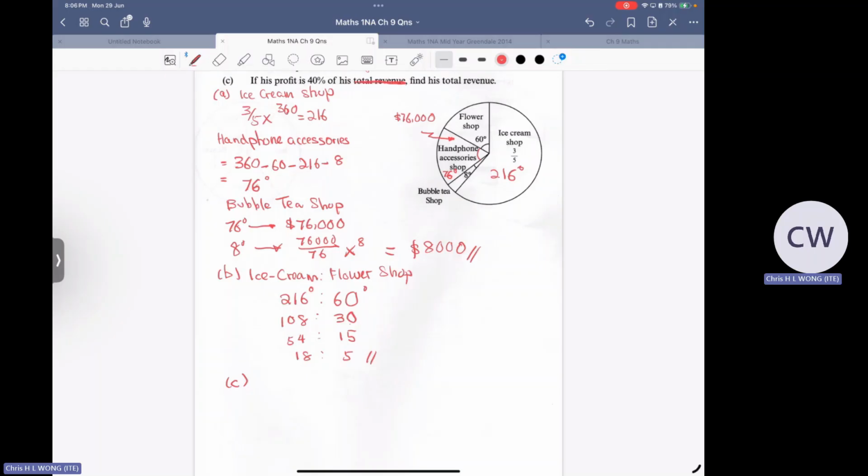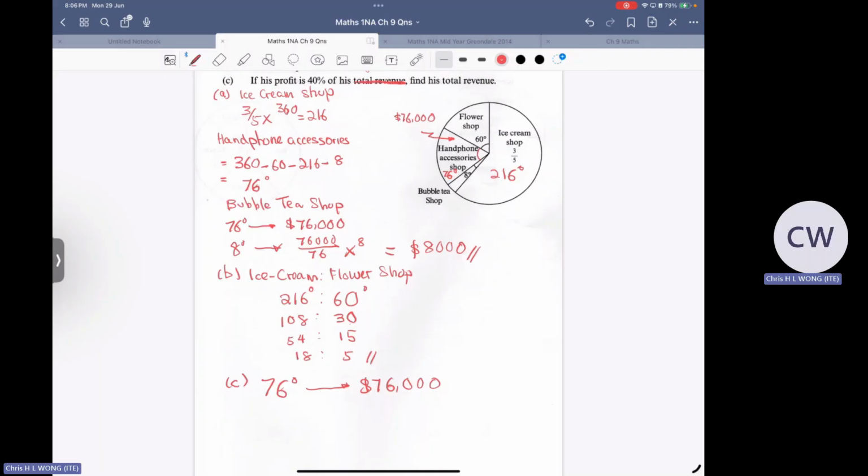Okay. So start from here again. I look at the handphone. 76 degree gives you a profit of 76,000. Agree? 76 degree gives me a profit of 76,000.